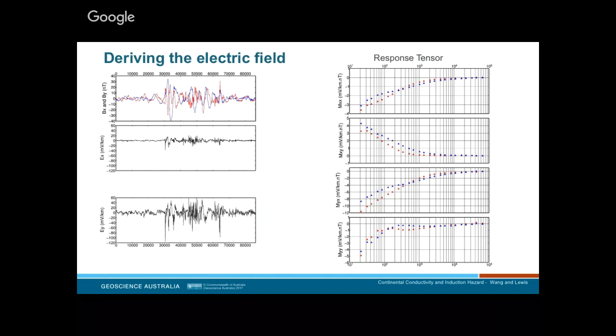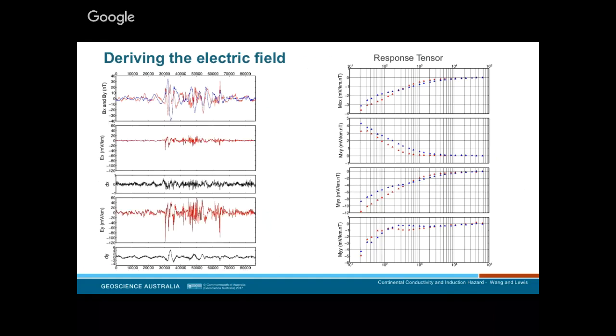Okay, now we are using the model to try to derive induced electrical currents. First, what we are doing is we have measured magnetic fields and electrical fields in Central Australia at the Alice Springs Geomagnetic Observatory, and we calculate the response tensor, just like an impedance tensor.